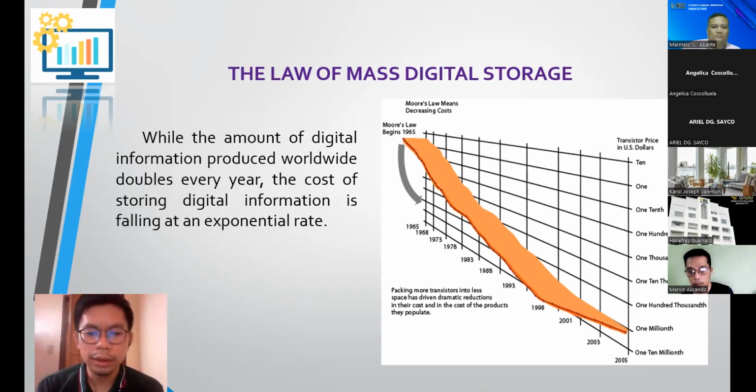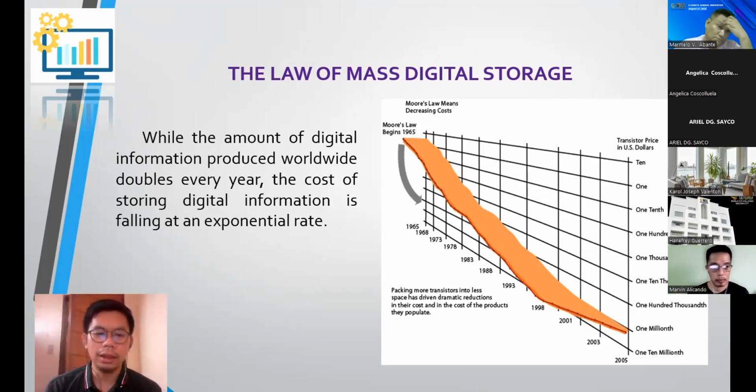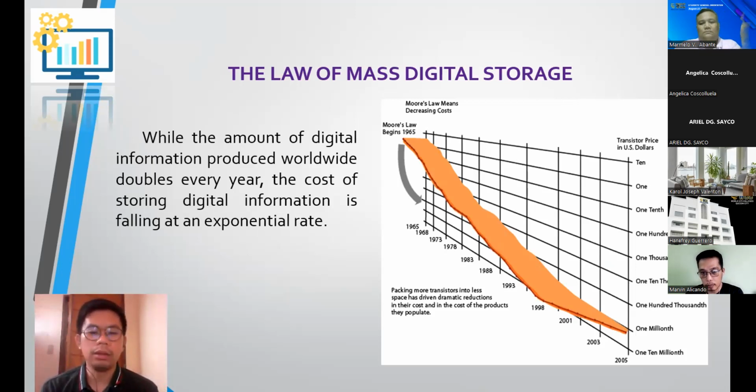So as you can see, for instance, from 1983 up to 1988, the capacities of hard disks grew at the rate of 25% annual compound growth, while in the late 1990s, it doubled to 65% compound annual growth.